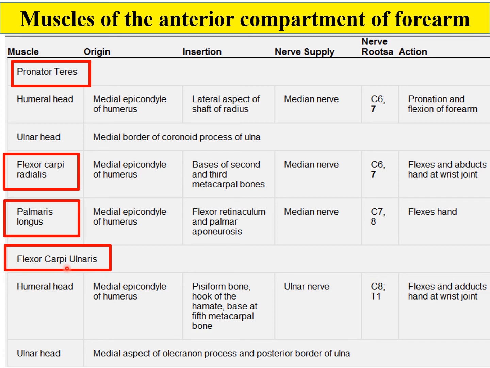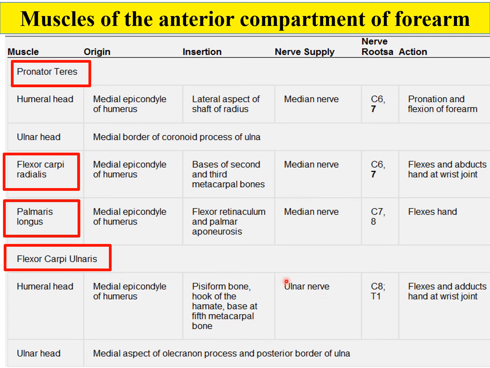Then we have a muscle known as flexor carpi ulnaris. The same way we have radialis, we have ulnaris. The function will be the same, flexion, going toward the carpal bone, and it is on the ulnar side. It has two heads, the humeral head from the medial epicondyle of the humerus and the ulnar head from the coronoid process of the ulna, and going towards the carpal bones, that is the pisiform, hook of the hamate and base of the fifth metacarpal bone.